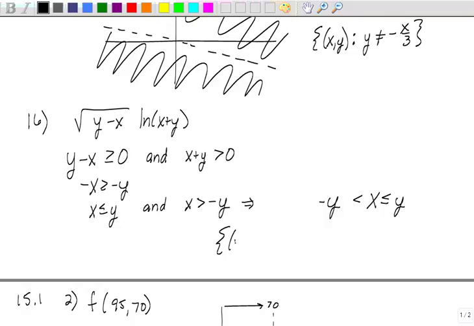So we have all ordered pairs for the domain such that this inequality holds and y has to be positive, because if y is positive, that's going to make y larger than x. When you subtract, you're going to get a positive number. So you do have to have y bigger than 0 there.